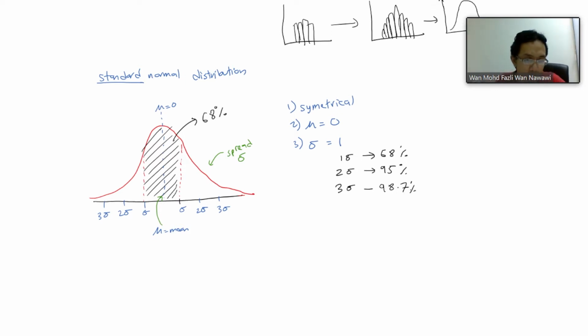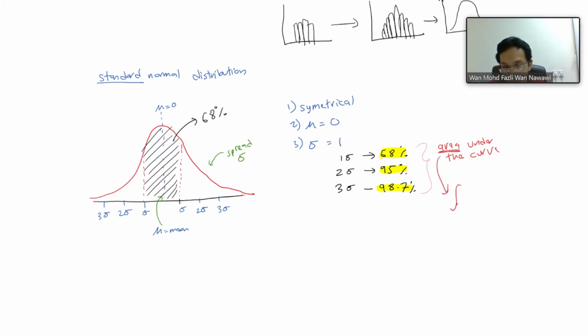Okay, so this 68, 95, and 98.7, we call it the area under the curve. And if you have a curve, in order to get the area, you need to integrate, right?